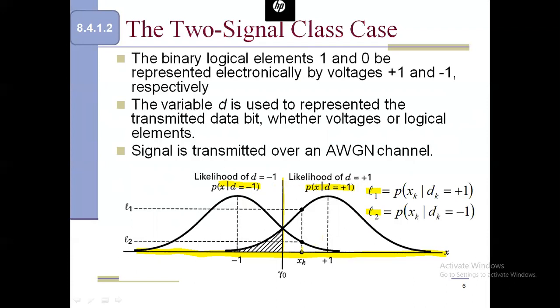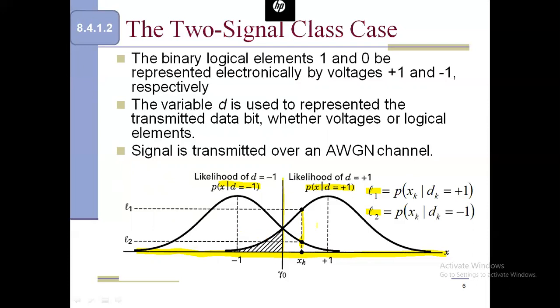For example, if somehow we receive a value of -1, so it will be considered as 1.